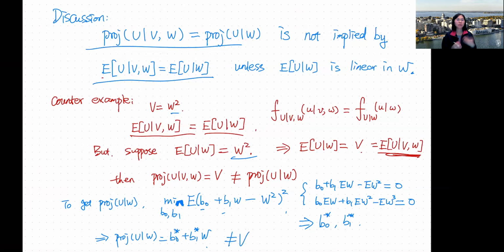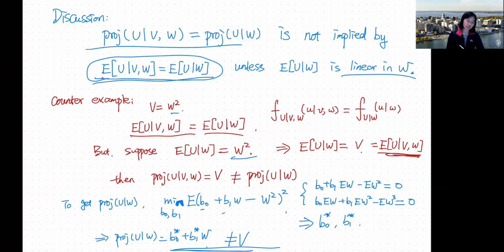For most values of W, unless W is of some very special form, this equation will not hold. So that is a counterexample to show that this version of conditional exogeneity, unless it's coupled also with linearity, does not imply the projection version of the conditional exogeneity.